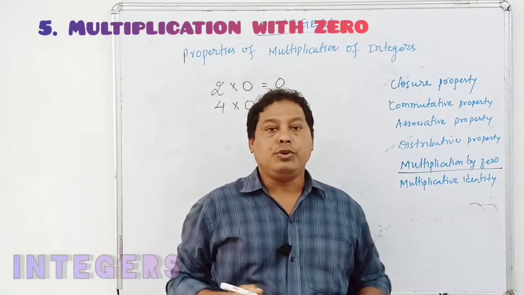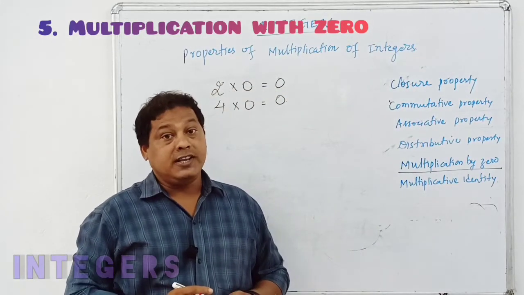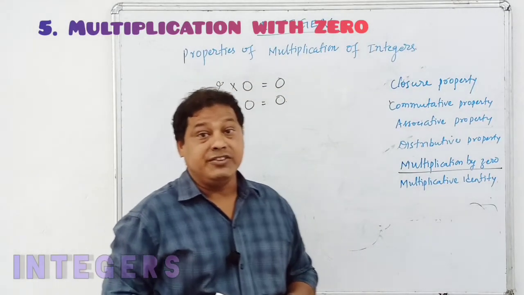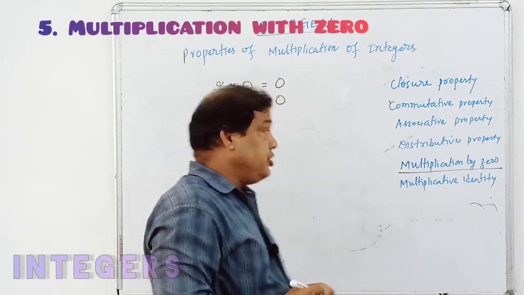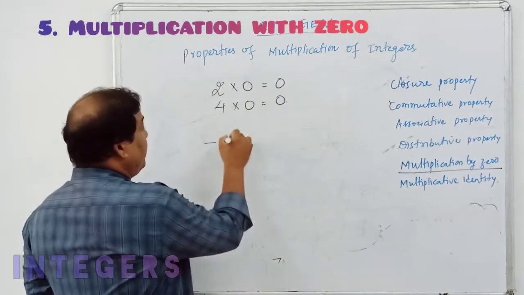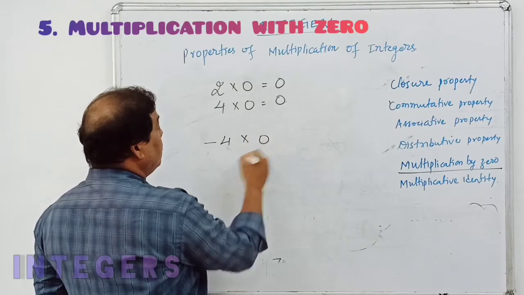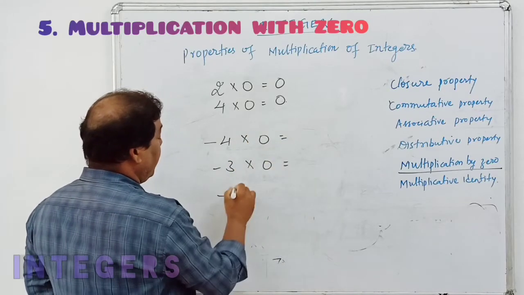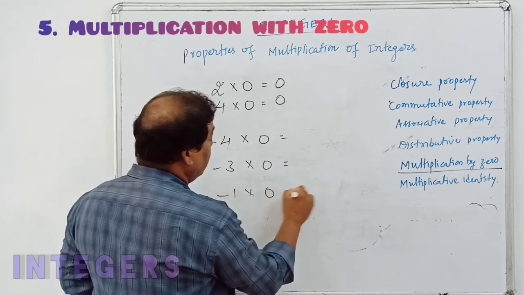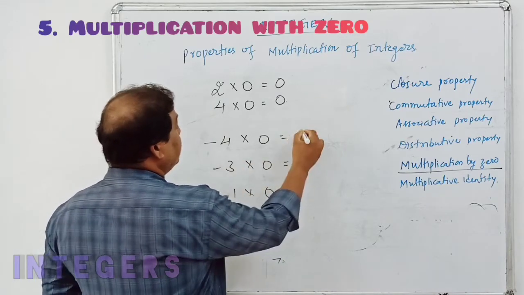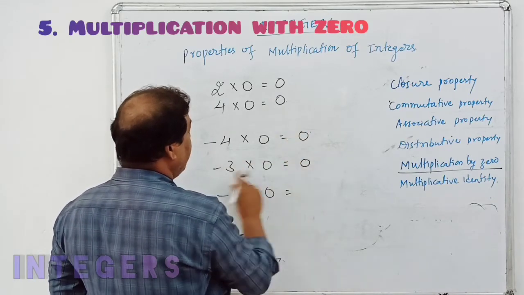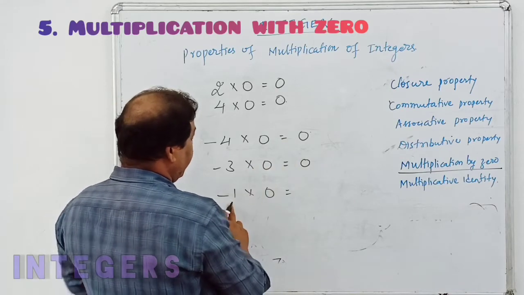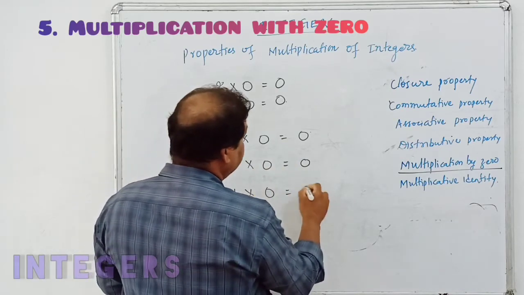So now you can observe the following products of negative integers with 0. Minus 4 is a negative integer, minus 3 is a negative integer, minus 1 is a negative integer. Minus 4 times 0 is 0, minus 3 into 0 is 0, minus 1 multiplied with 0 is 0.